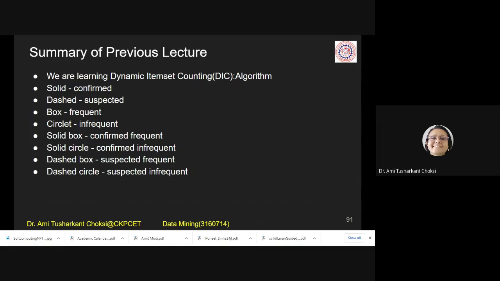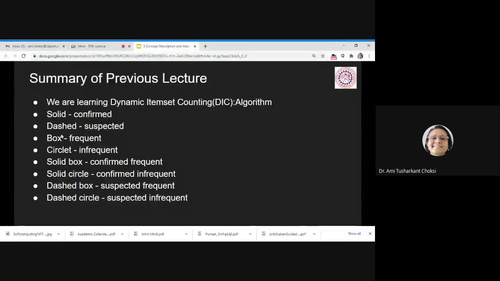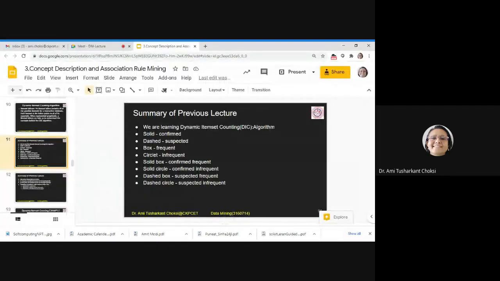Let us recall them. When we see solid, it means confirmed. Dashed means suspected. Box means frequent. Circle means infrequent.